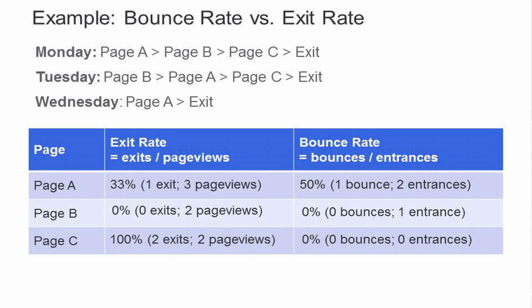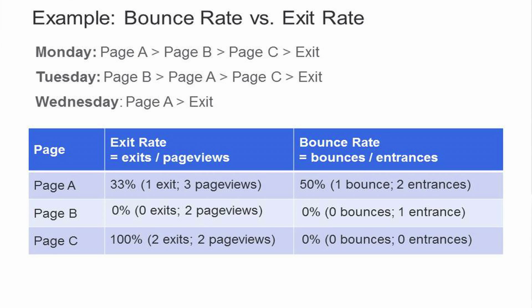If we look at the exit rate of page A, we'll see that there was one exit and 3 page views, giving us an exit rate of 33%. For page B, we saw 0 exits with 2 page views, giving us a 0% exit rate. For page C, there were 2 exits and 2 page views, giving us 100% exit rate.